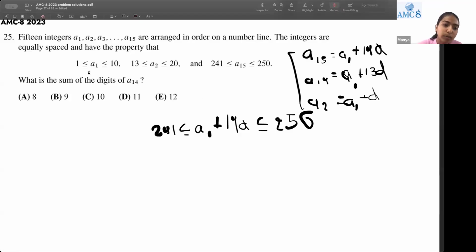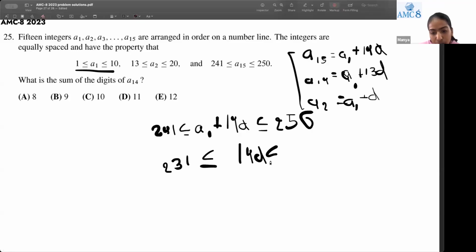So we know that A1 must be between 1 and 10. To find the least value, we can subtract 241 minus the greatest value of A1, and we can do 250 minus the least value of A1. So 241 minus 10 is equal to 231. And 250 minus 1 is equal to 249.